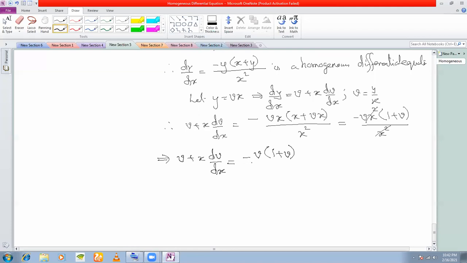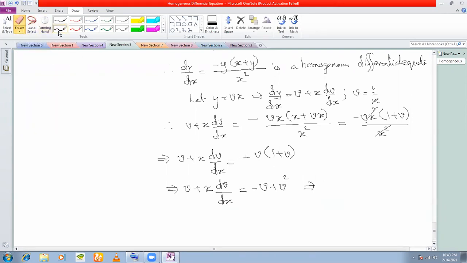Now can we separate the variables? It looks like we can. Take all v with dv and all x with dx. First write this as minus v plus v square.